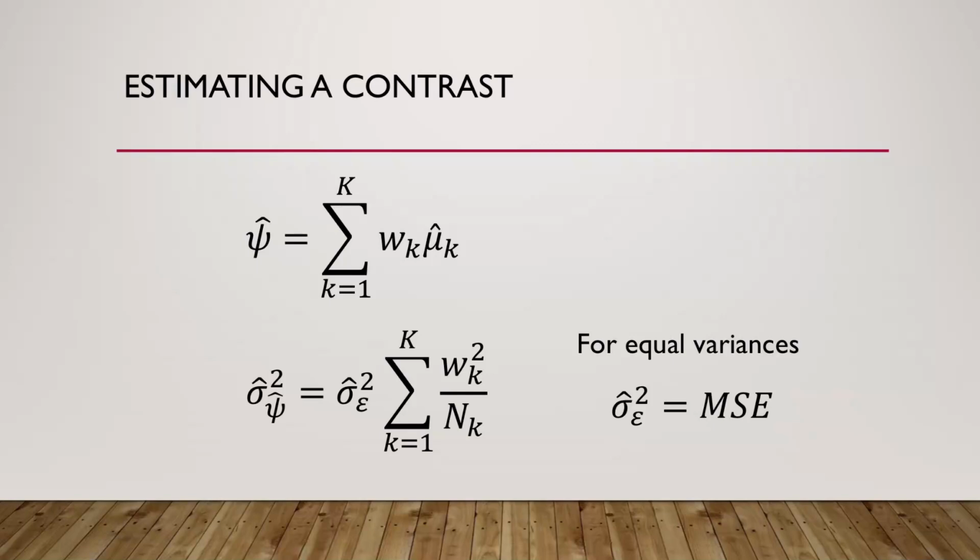Draw another sample, the contrast is going to be different, even if it's estimating the same population values. So if we're talking about contrast 1 comparing individualist to hierarchicalist, if you draw another sample from the individualist, hierarchicalist, egalitarian pool of individuals, you're going to get a different contrast for that comparison of individualist and hierarchicalist.